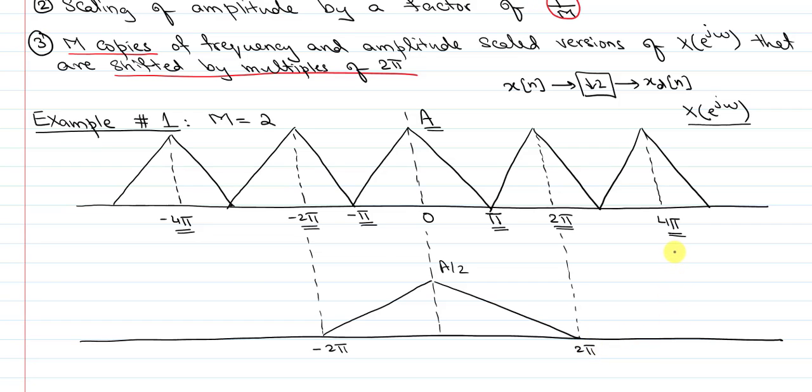And then at 4 pi and minus 4 pi, I'll get further stretching. Whatever was at 2 pi is now going to happen at 4 pi, and whatever was at minus 2 pi will happen at minus 4 pi.